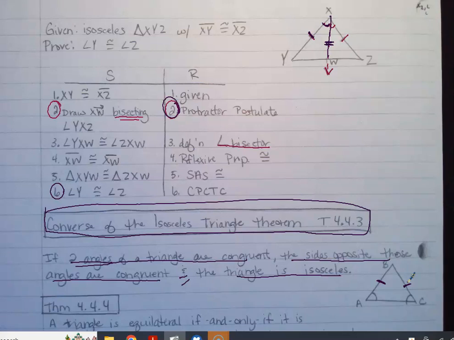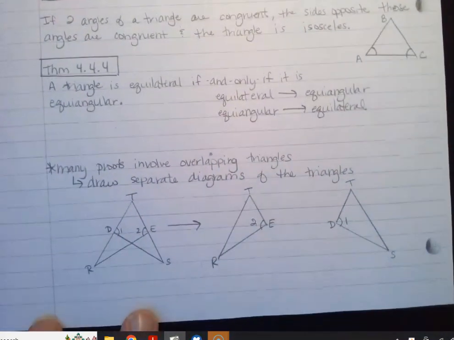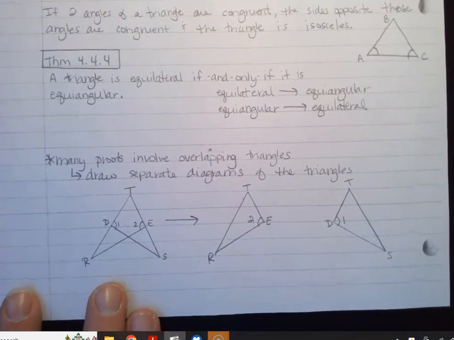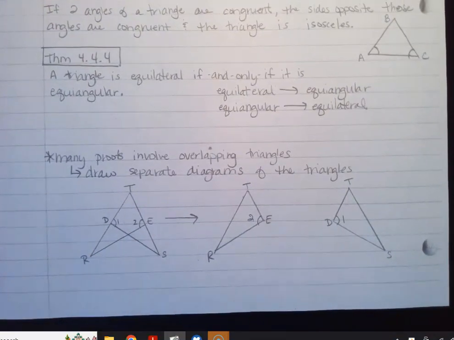Okay, so questions about the converse? It's just going backwards, right? All right, we have another little theorem down there. This theorem is more just a phrase that you would use: a triangle is equilateral if and only if it is equiangular. You can write it in a proof either of these ways.